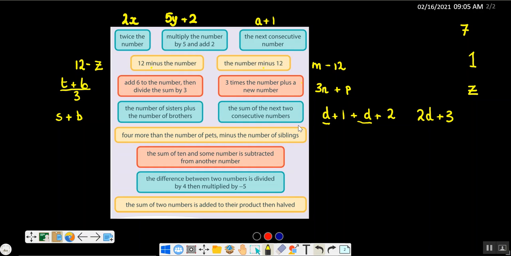So I'll let you repeat letters if they're applicable. So, Tristan? 4 plus H, okay, minus S plus B, minus the number of siblings. So S plus B, number of siblings, no, sisters plus brothers, just put S. But then that's just the number of siblings.